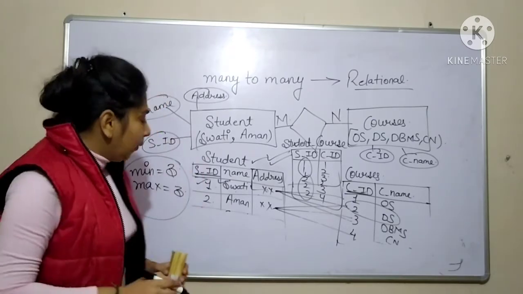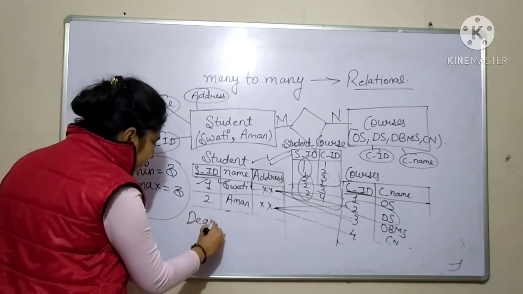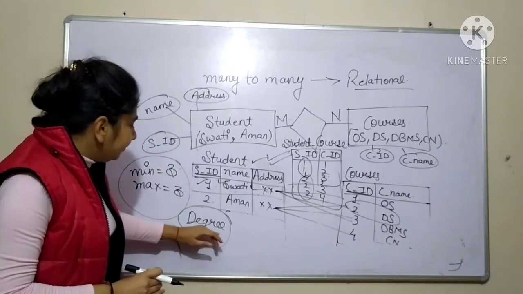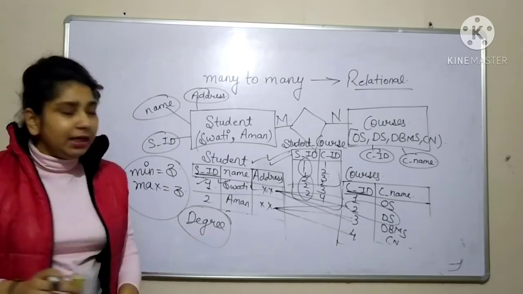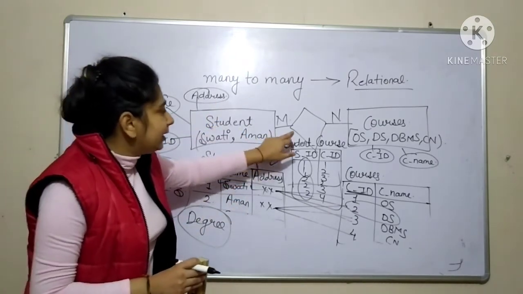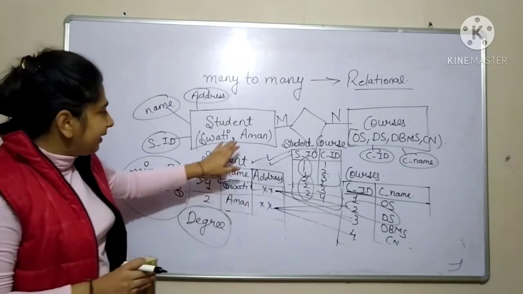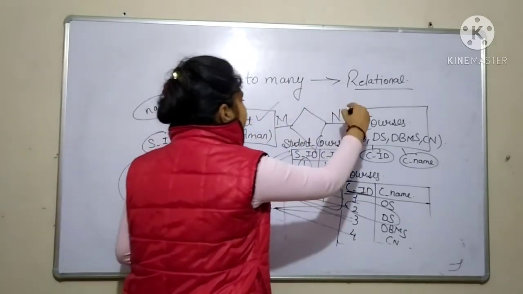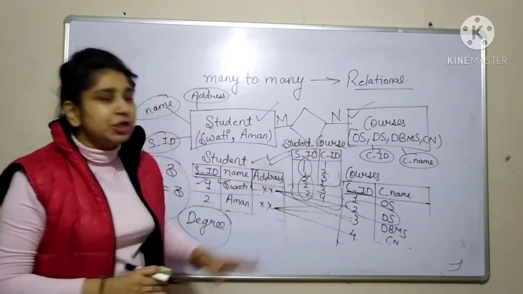Okay. And how can we find the degree of the relationship? Degree of relationship is nothing but how many entities are involved in the relationship.